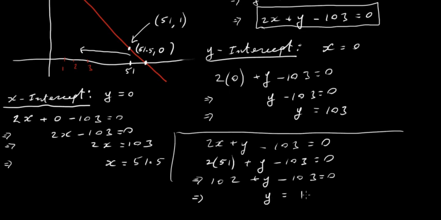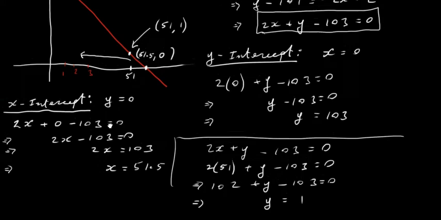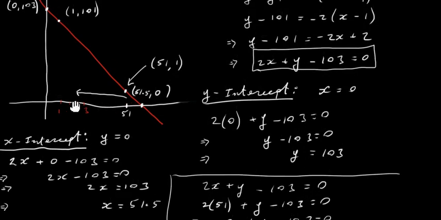So I'll always end up with a whole number. I won't end up with any fractions so long as I put in whole numbers for x. Now if I bring the x values down to 1, I'll end up with 101 for my y.